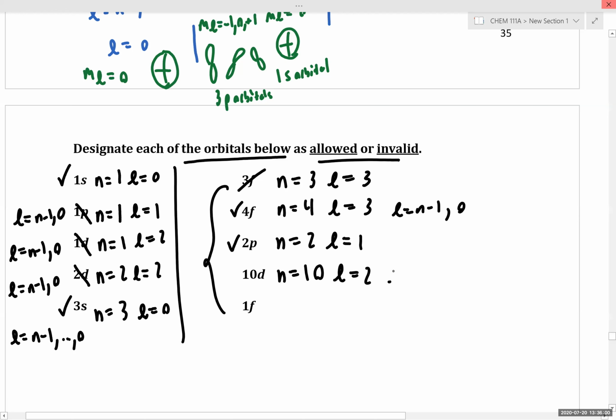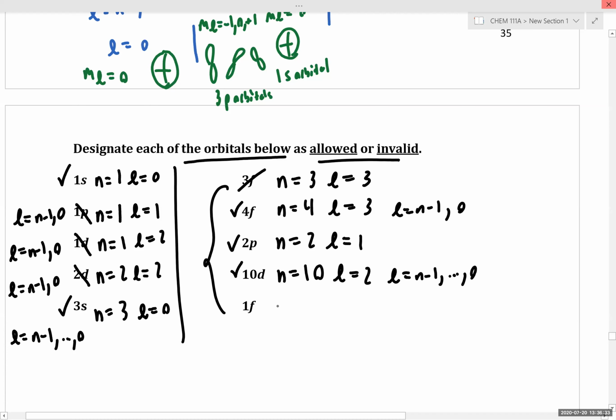If L can be equal to n minus 1 and any value in between counting to 0, is a 10d orbital allowed? Is 2 less than 10? Yes. So a 10d orbital is certainly permitted, although a bit strange.